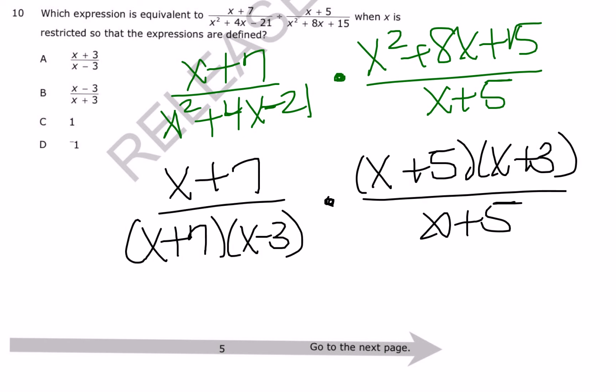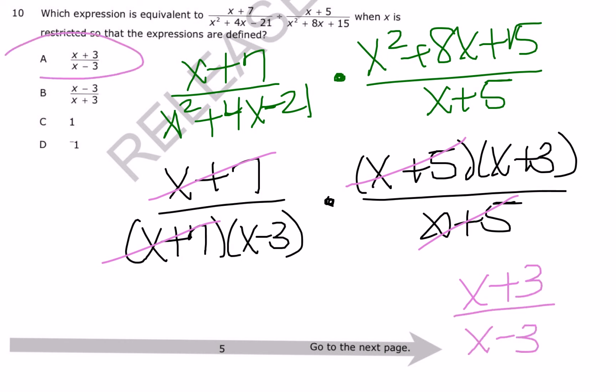Remember that when you are matching up factors, you can only match 1 in the numerator to 1 in the denominator. If you have more than 1 in either situation, remember you can only do 1 at a time. So I'm going to simplify x plus 7 and x plus 7 to 1, x plus 5 and x plus 5 to 1. So then that leaves me with x plus 3 over x minus 3, which would be letter A.